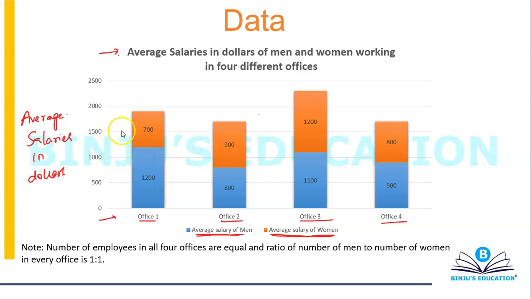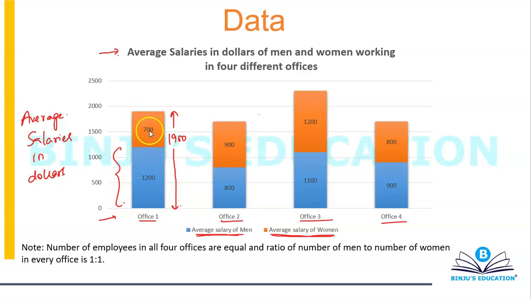So what brick graph essentially is, now in this case we have only 2 bricks. In the difficult questions that we'll be doing on this topic, you will have 5 bricks or 6 bricks. So this bar represents a value corresponding to 1900, the first bar, of which the first one is only up to 1200.